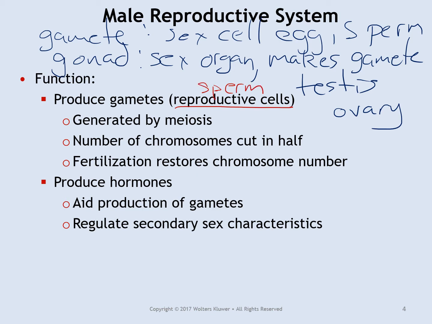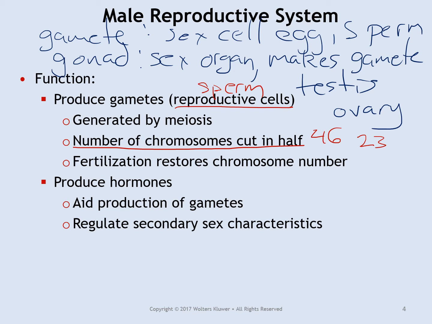These are generated by meiosis, and meiosis cuts the number of chromosomes in that cell in half. So remember, you should have 46 chromosomes in every normal cell. One of these comes from mom, one of these comes from dad, so 23 pairs. But in a gamete, either sperm or egg, those are separated, so you just have 23, one copy of each chromosome.